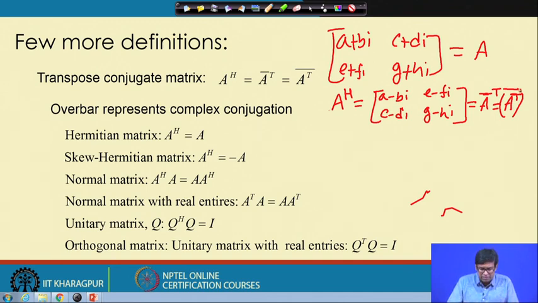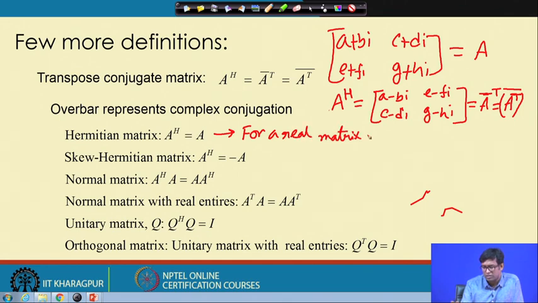A matrix is defined as a Hermitian matrix if the complex conjugate transpose is equal to the matrix. For a real matrix, Hermitian means A transpose is equal to A, or a symmetric matrix.